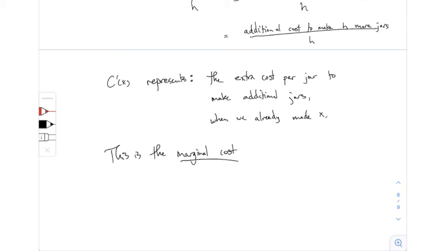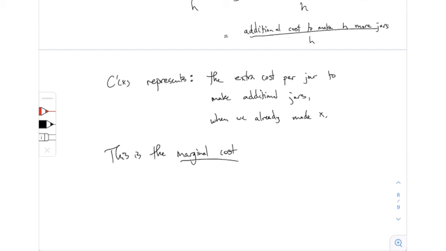Should I make a little bit more? Should I make a little bit less? This is a constant question that you have to ask yourself over and over again. And the marginal cost is one of the basic ways in which you can answer this question. If I do make a little bit more, this is how much it's going to cost me. If I make a little bit less, this is how much it's going to cost me. That's why the marginal cost is important.